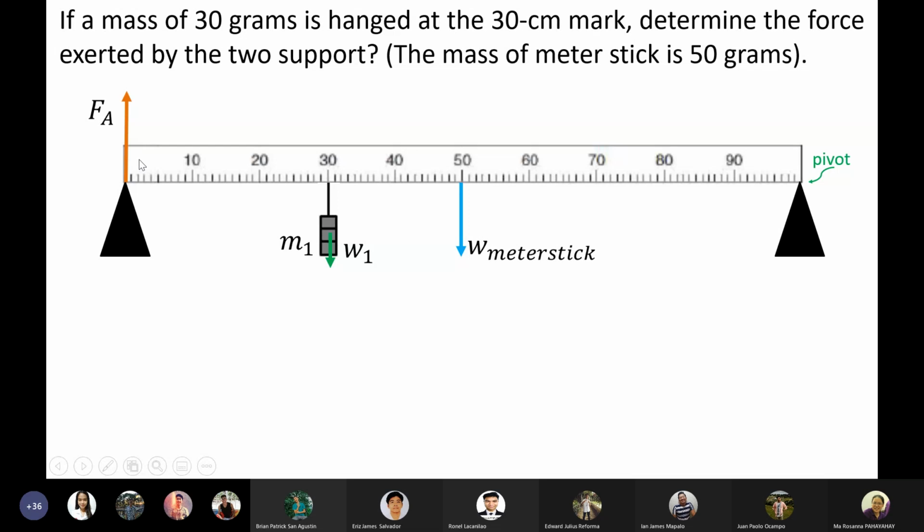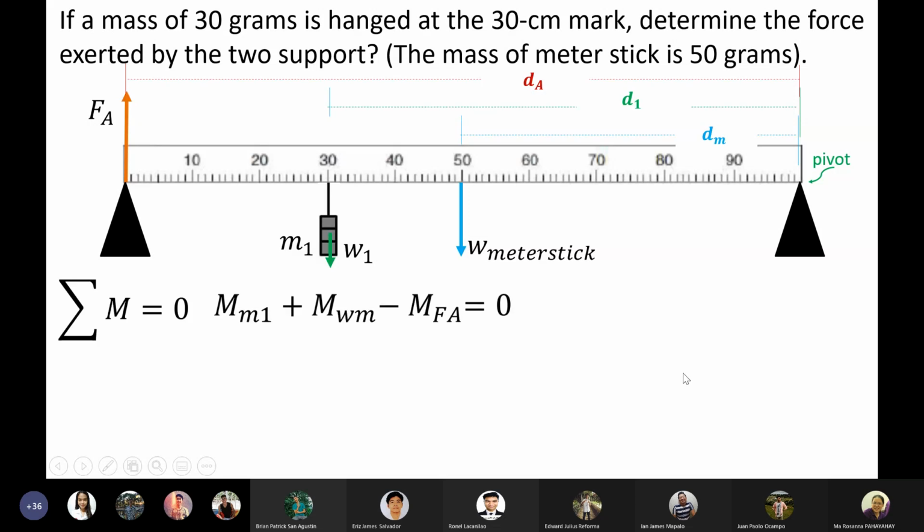So, in that case, that will be my DM. So, this is the moment arm from the pivot of my meter stick. Magbabago ang ating mga moment arm. D1, this is the moment arm from the pivot to my weight 1. And the moment arm of my FA from the pivot is DA. Okay? So, magbabago lang ng values ang moment arm ni weight 1.